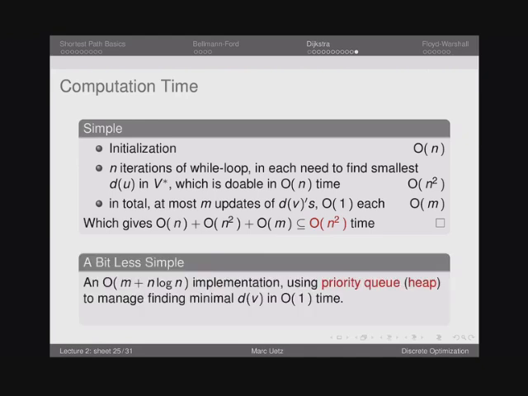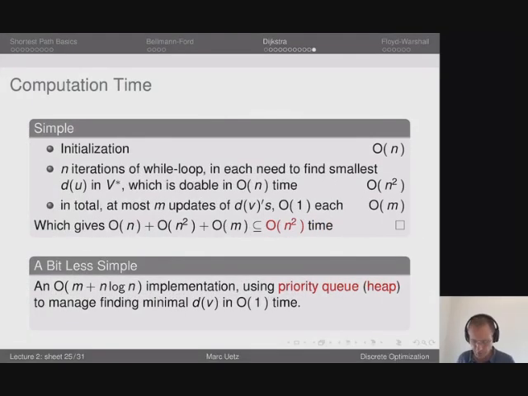One can actually achieve a slightly better computation time, and that is when we use a more sophisticated data structure in order to find the minimum label vertex. So notice that here, in order to find the vertex with the smallest distance label, we just scan all the vertices.